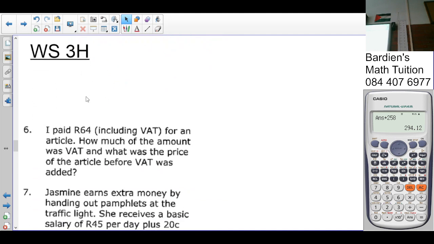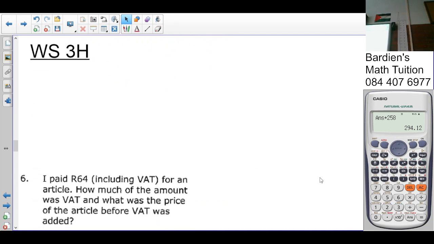Number 6, I paid 64 rand including VAT for an article. How much of the amount was VAT, and what was the price of the article before VAT was added? So what is the VAT amount? 14%.